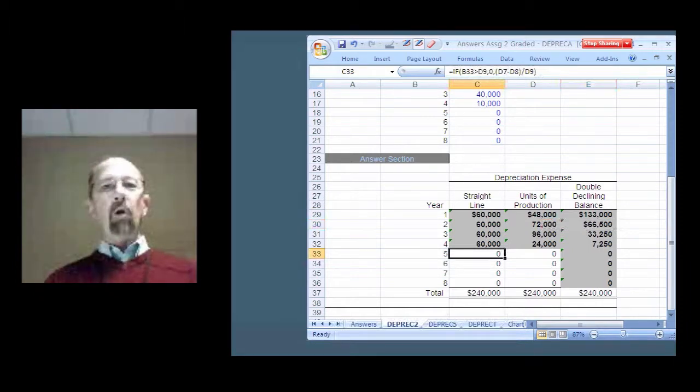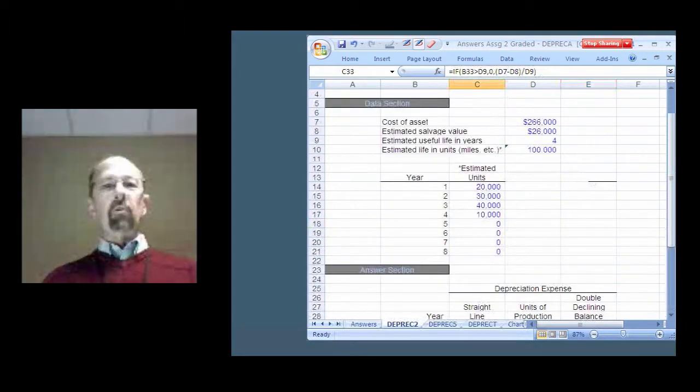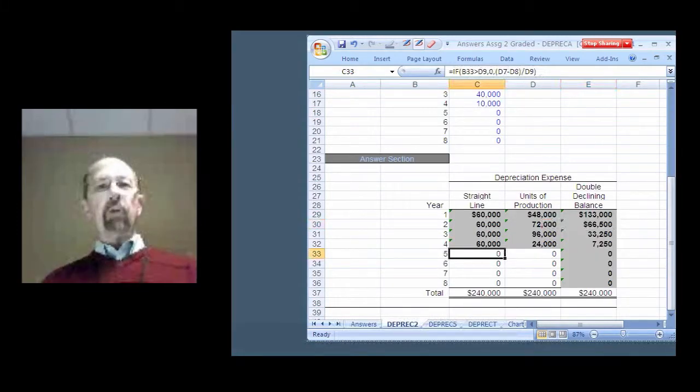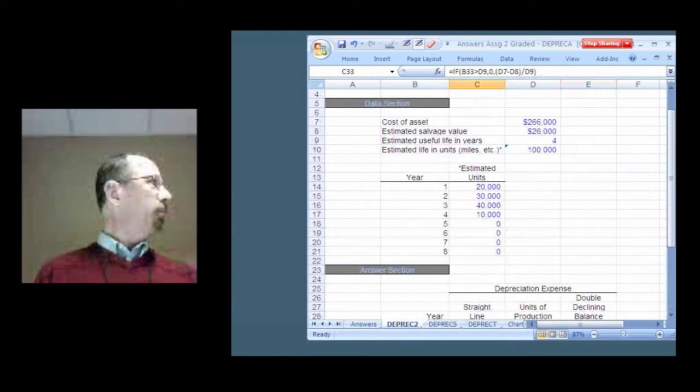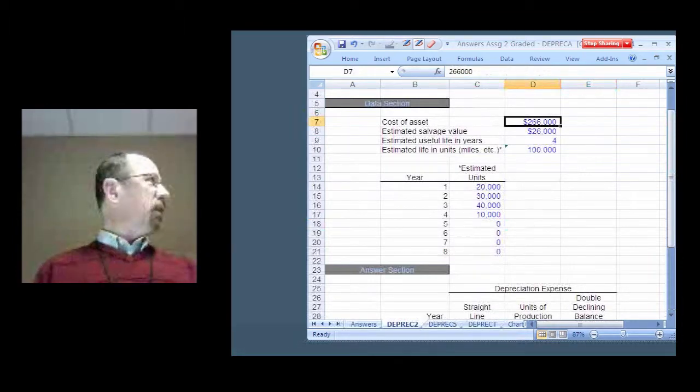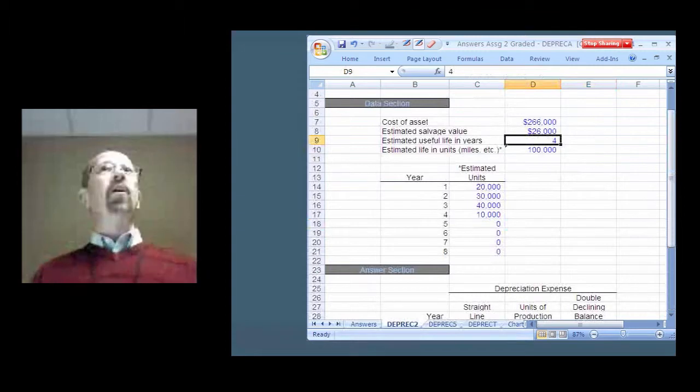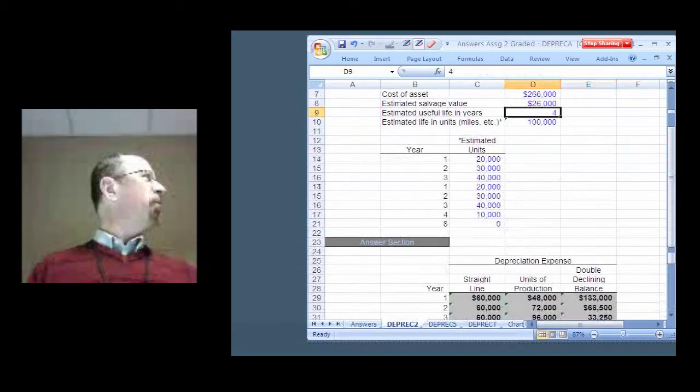And I'm going right now to where they're calculating straight line depreciation, looking at some information up here and saying, okay, first thing I want to do is take my asset, subtract any salvage value, and then if I'm going straight line, I'm going to divide by the number of years, right? Well, what happens if there's 5 years instead of 4 years?